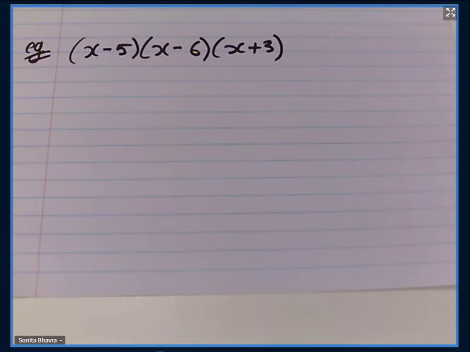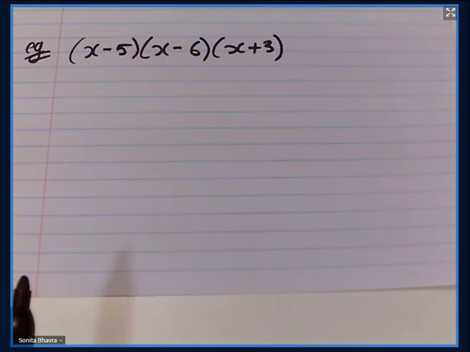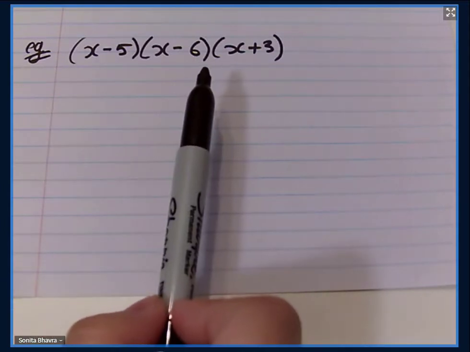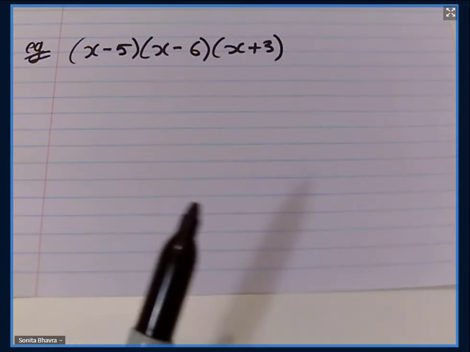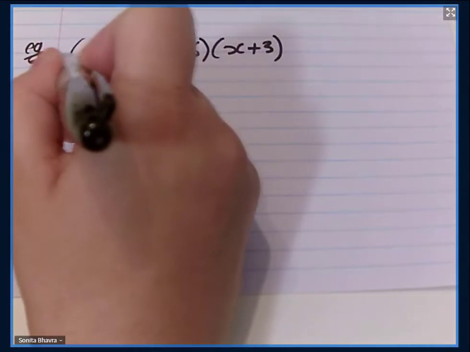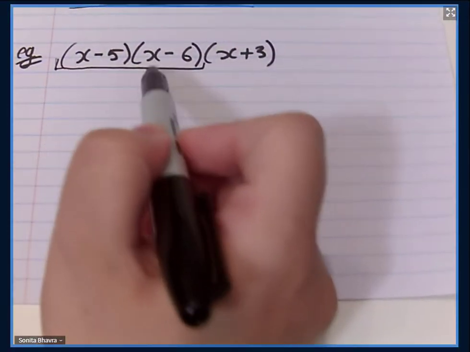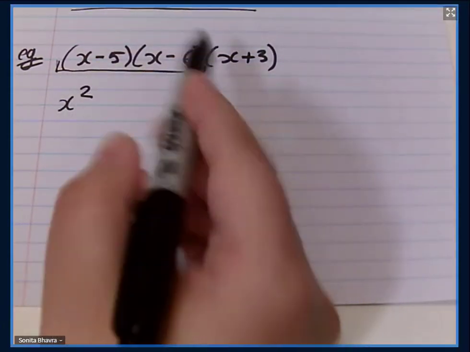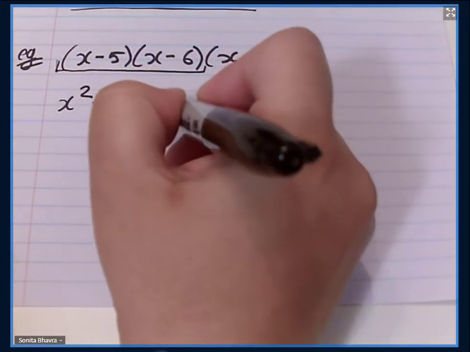So our next example here, we have 3 binomials being multiplied together. When you encounter something like this, multiply 2 of them together first using the FOIL method, and then multiply that with the last binomial. So if we were looking at this one, I can multiply this out first. So x times x, that's x squared, and x times negative 6 is negative 6x. Then negative 5 times x, that's negative 5x.